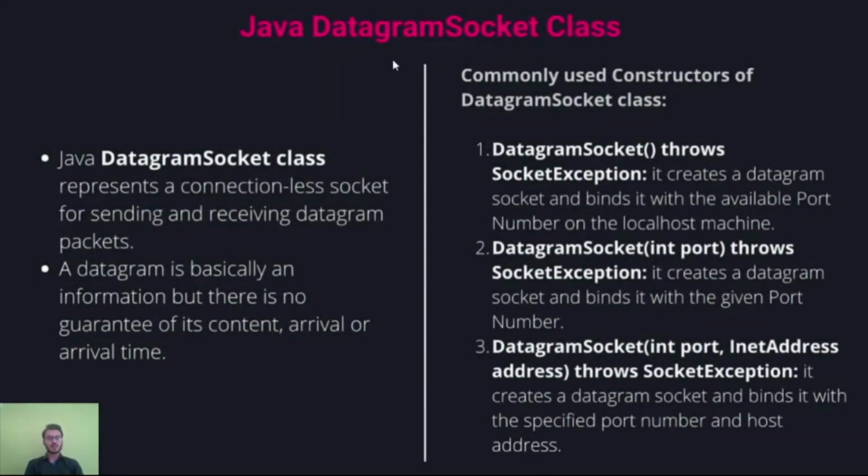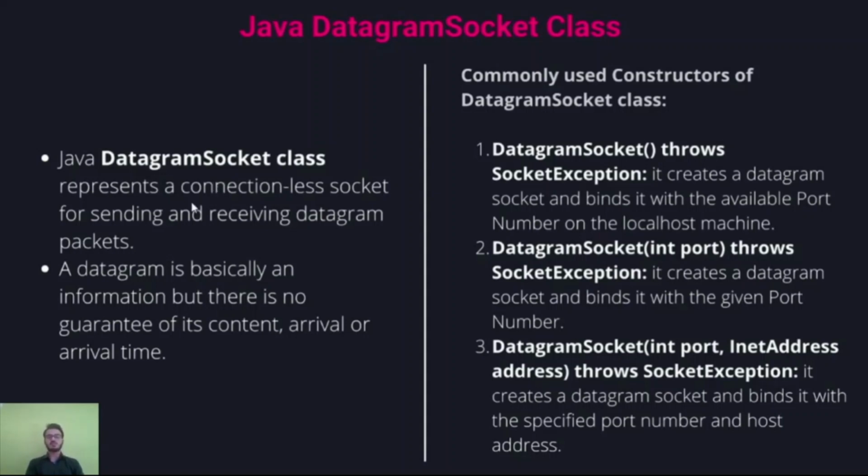Java DatagramSocket class. The Java DatagramSocket class represents a connectionless socket for sending and receiving datagram packets. A datagram is basically information, but there is no guarantee of its content, arrival, or arrival time. The datagram socket is similar to the socket which we have seen earlier.